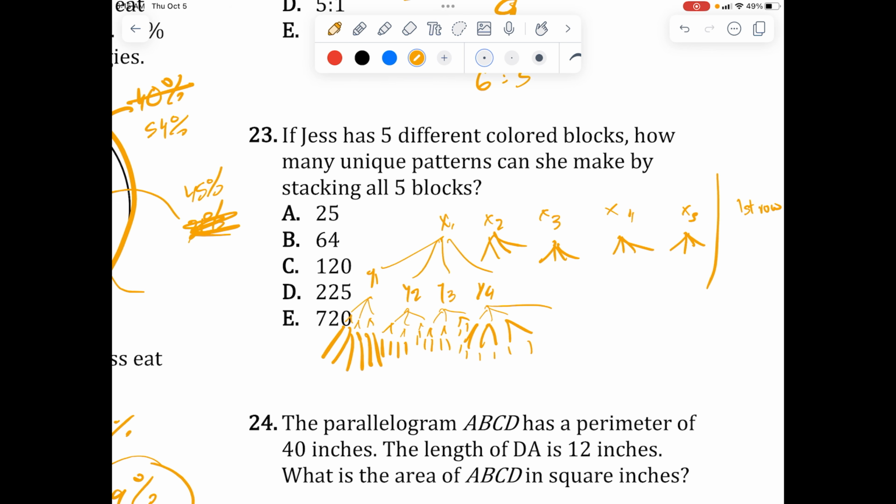Did I miss one? 24, what's 24 times 5? 120. Okay, I think it's 24, right? That's just if you have x1 in the first spot. Now, let's say you have a different block in the first spot. That's a whole different set of 24 possibilities. There's another 24, another 24, another 24, which is all equal to 5 times 4 times 3 times 2 times 1. If you do 5 times 4 times 3 times 2, you get 120, which is equal to 5 factorial.